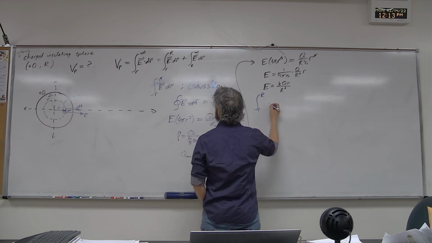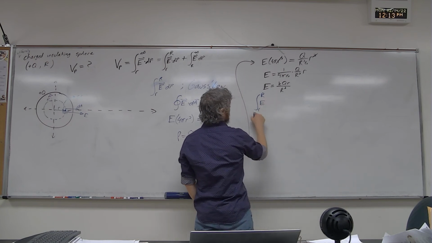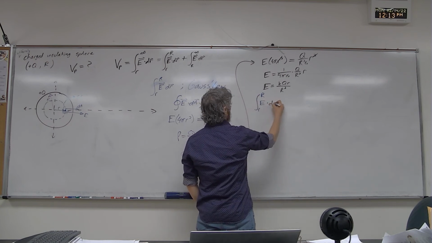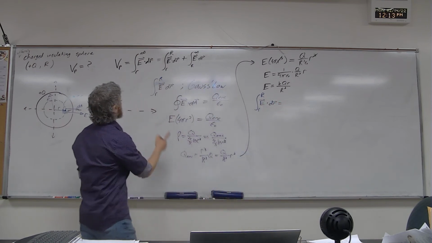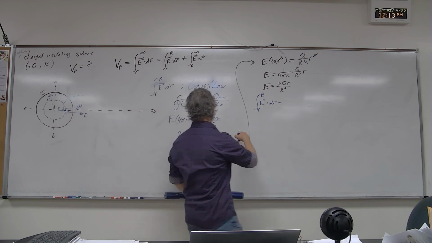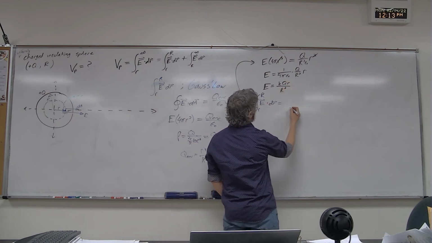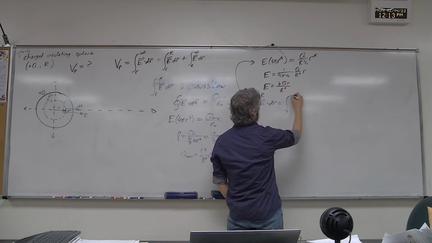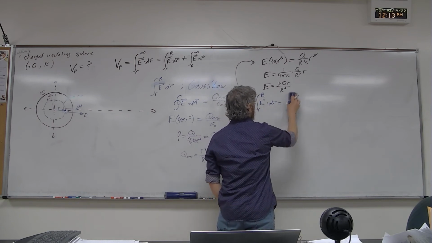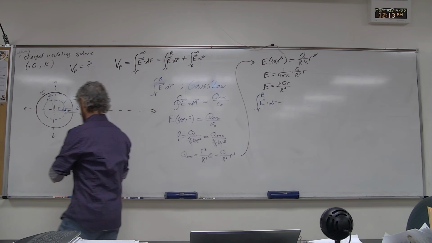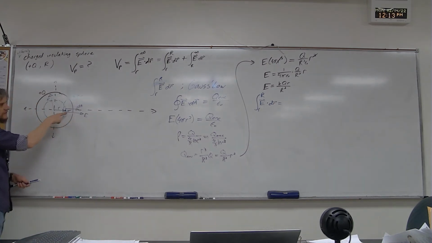Okay. The integral from little r to big R of E dot dr is going to be equal to, our electric field is this guy, so it's going to be the integral from little r to big R. What's E dot dr? The electric field points to the right.